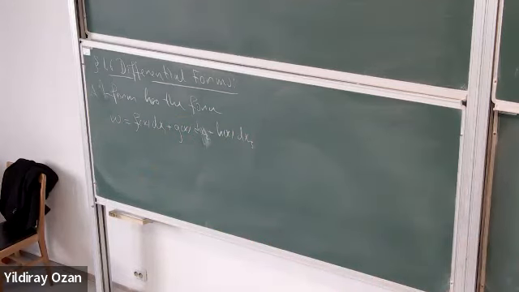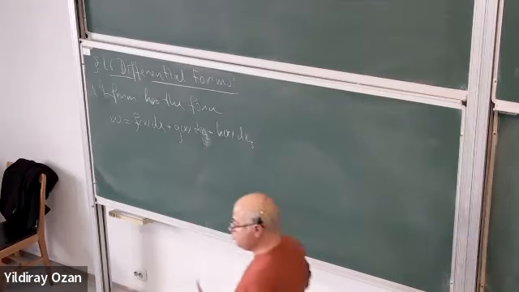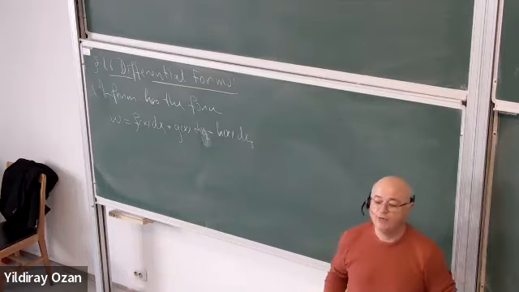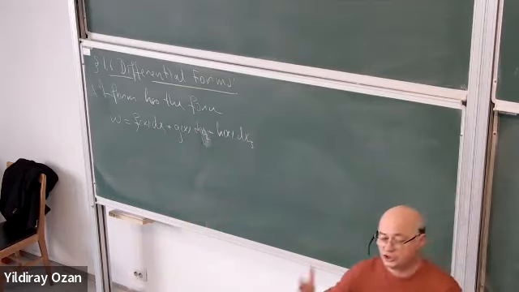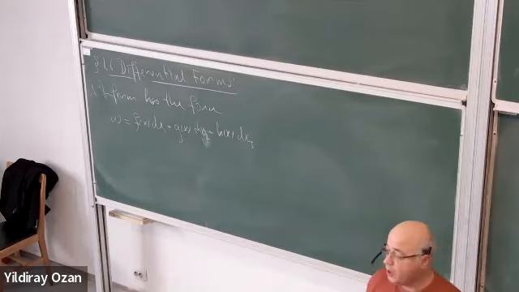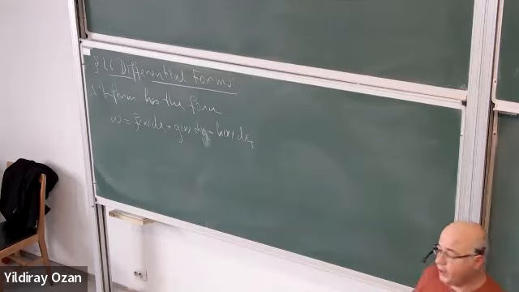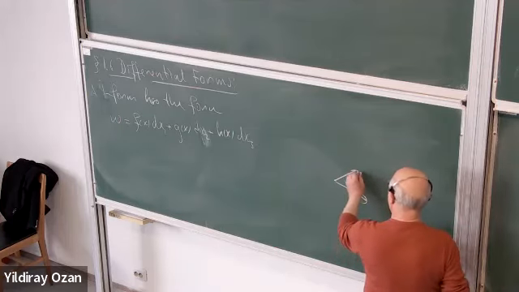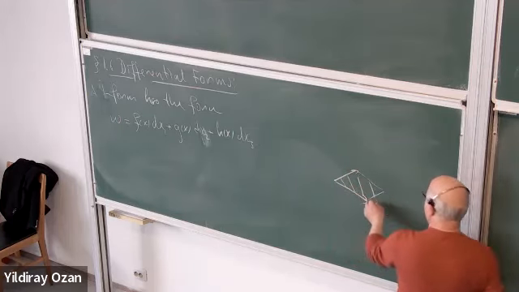Two forms are actually something you already know. Geometrically, they measure signed areas. You know one concept from linear algebra which tells you the area of a parallelogram spanned by two vectors. If I give you two vectors like this, they span a parallelogram.